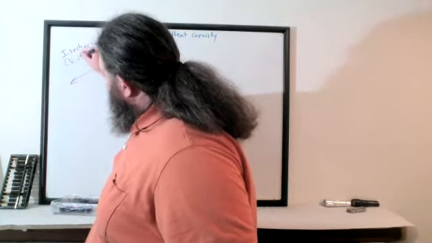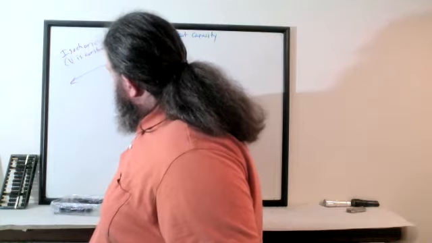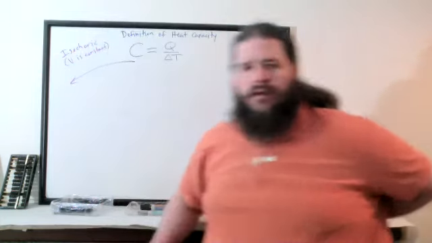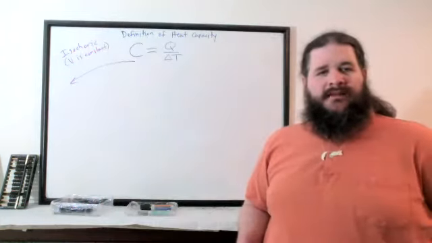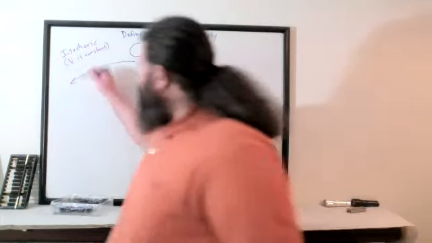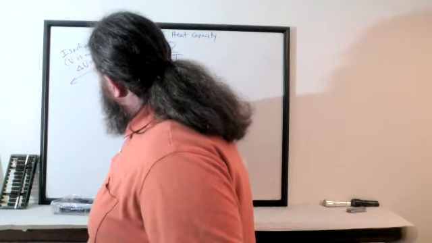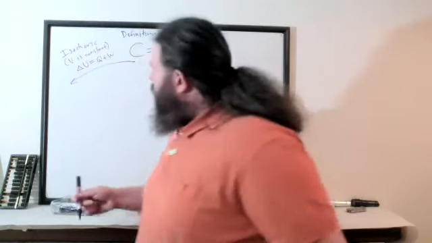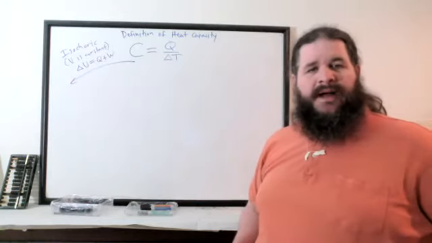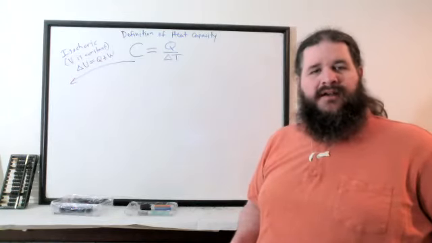Volume is constant. If we go back to the first law of thermodynamics, delta U equals Q plus W. But for an isochoric process, what do we know about W? How much work is done if there's no change in volume?